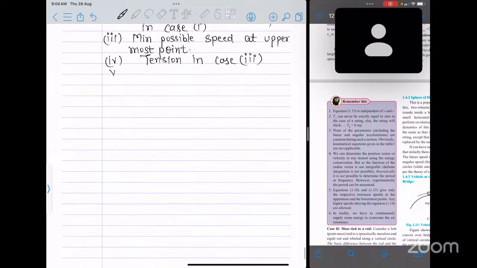Number 5, minimum possible speed when the string is horizontal.